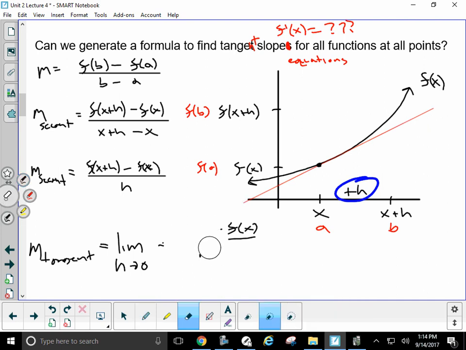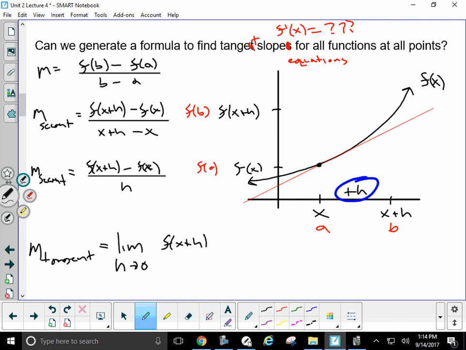When you're standing next to it, the whole perspective gets changed about what is straight. Now, what is this? This is just a slope formula. This is the slope of tangents formula.